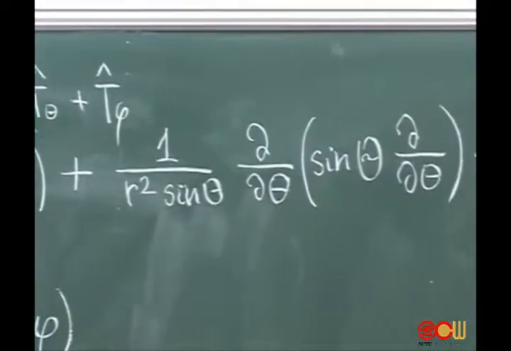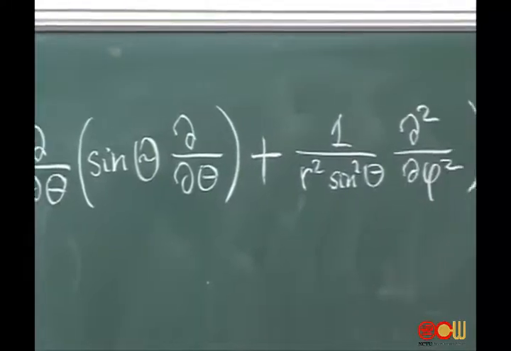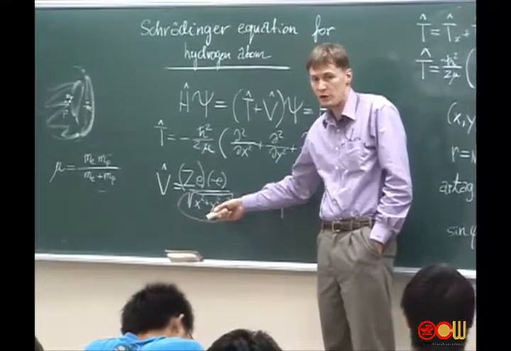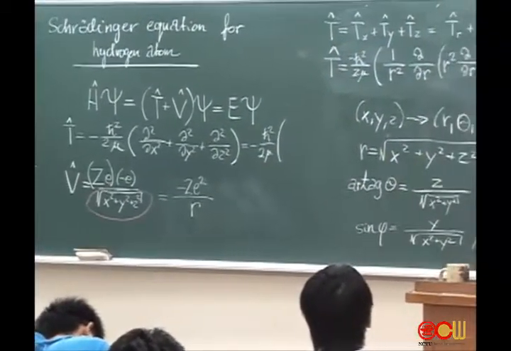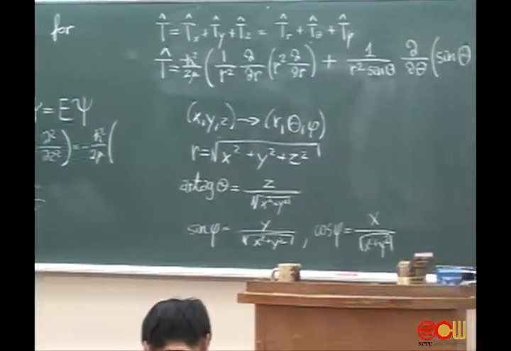So there is a question of whether I should solve with an easy operator here and a difficult operator here, or it's better to solve with an easy operator there and a more difficult operator here. It turns out that this one is easier to solve.